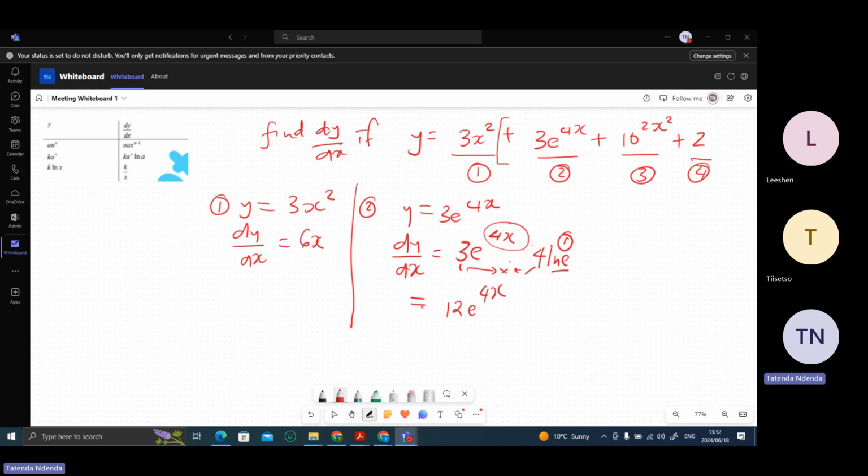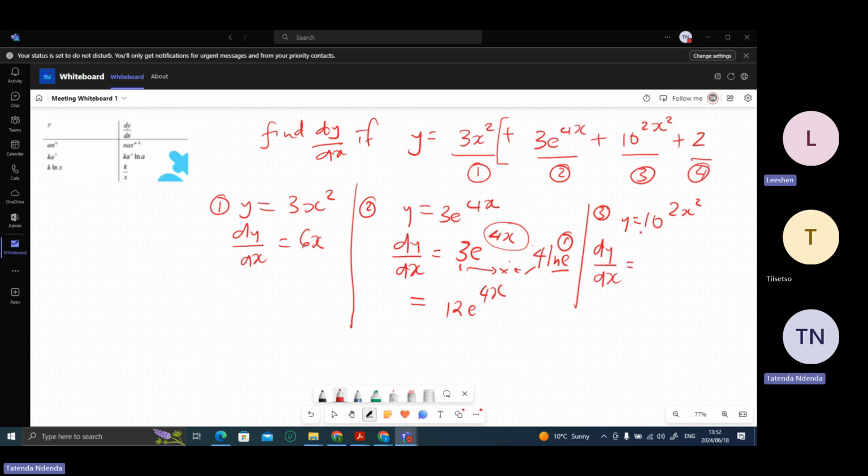Then we go to the third term, which is 10 to the power of 2x squared. So dy over dx of this is equal to what?